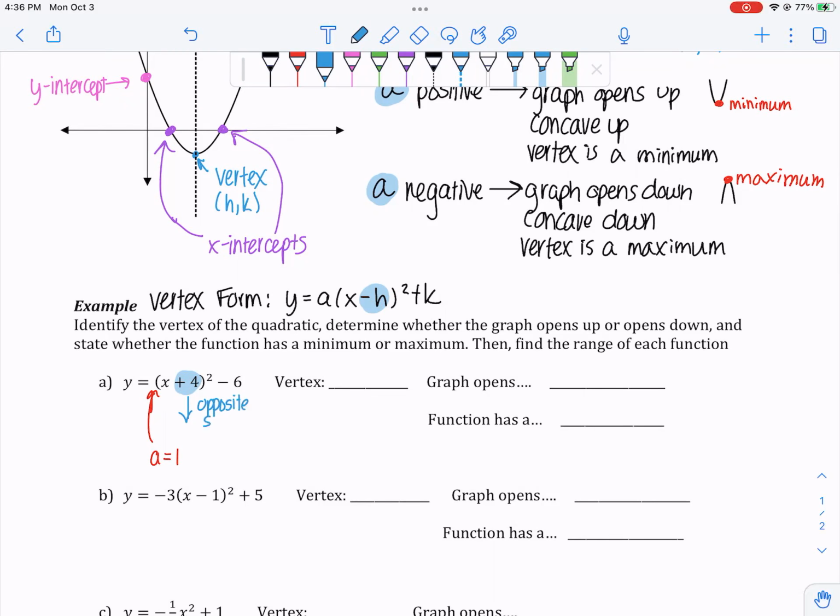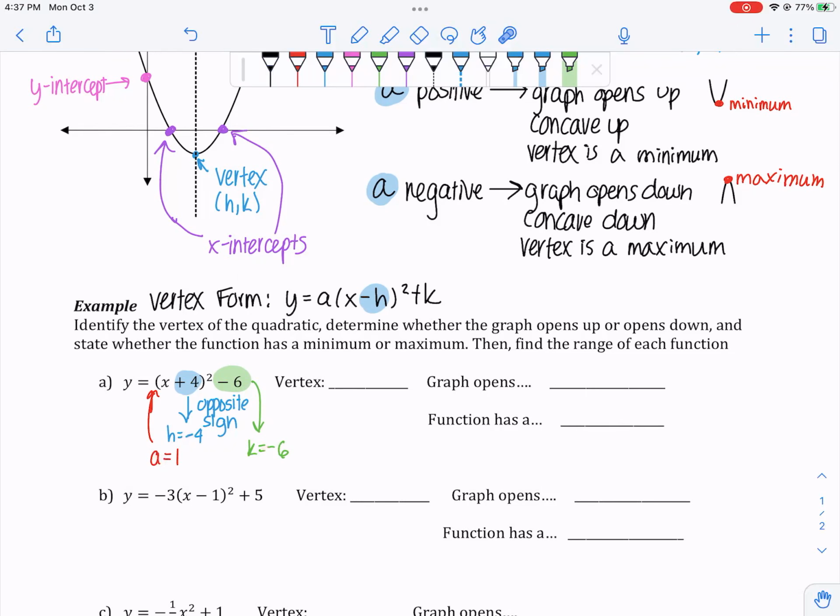So our h value is -4. The k value is exactly what it looks like. It's just that number at the end. So the k value here is -6. It's not the opposite sign, it's exactly the same sign.